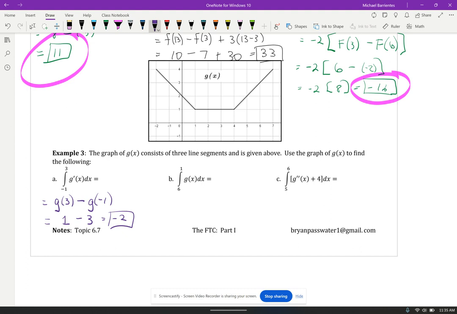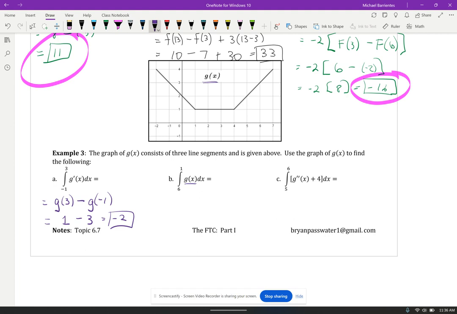Okay. What would be the definite integral of g of x dx from 6 to 1? Well, here I notice the integrand is the function that we're given, and the function that we're given is made up of line segments. So we could use the original method of breaking up these shaded regions into geometric shapes.